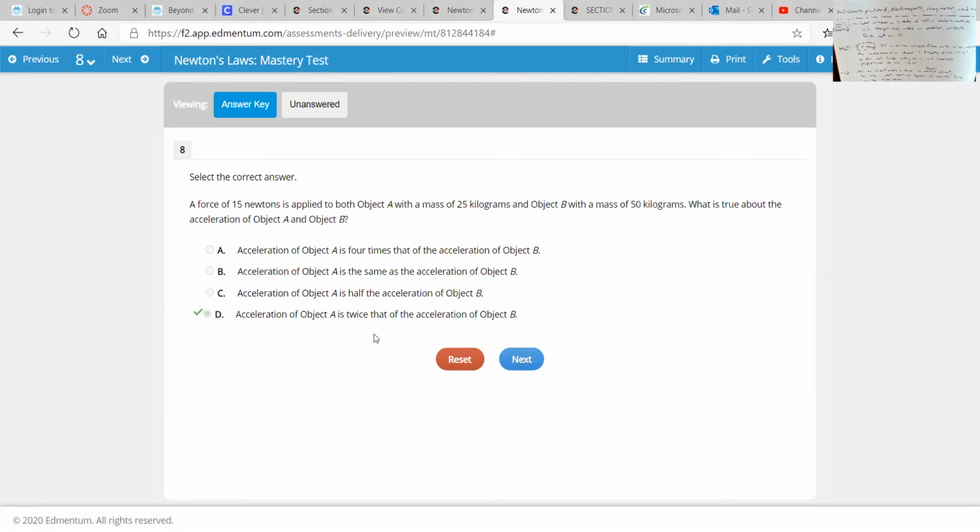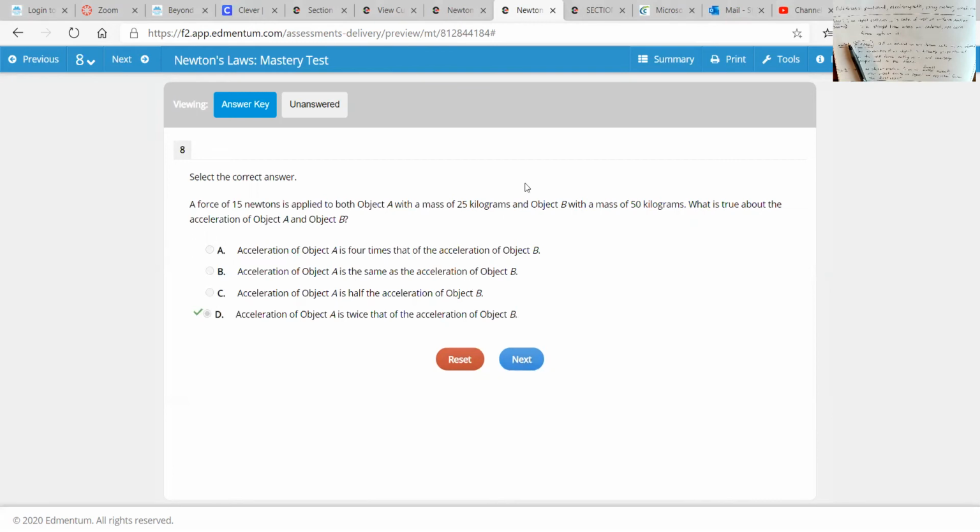Well, the acceleration of object A is twice that of the acceleration of object B. And why is that the case? Does anybody know why? Okay.